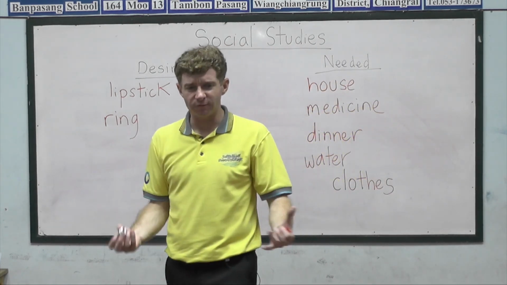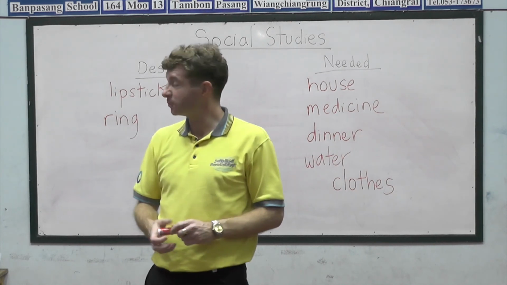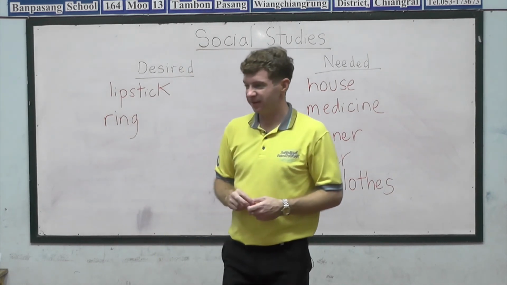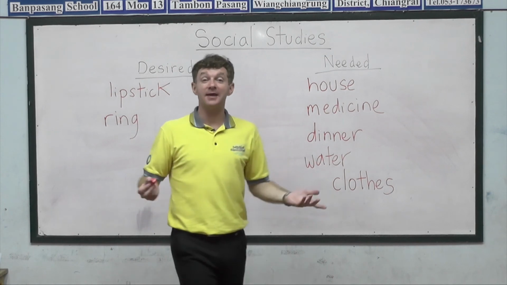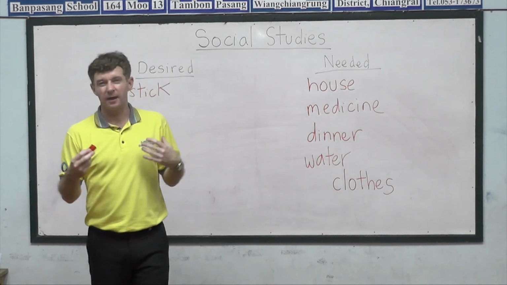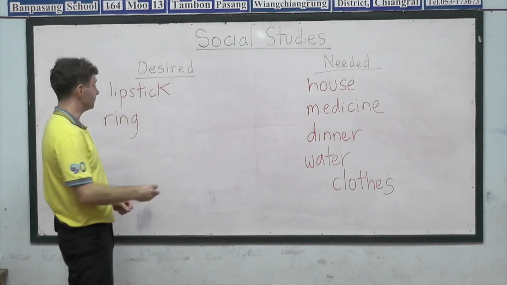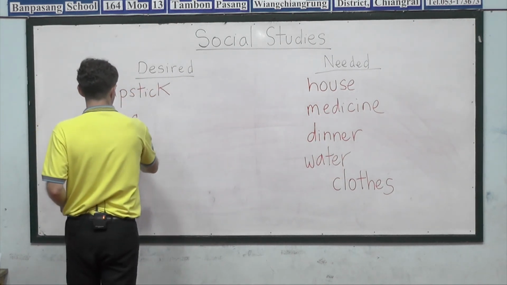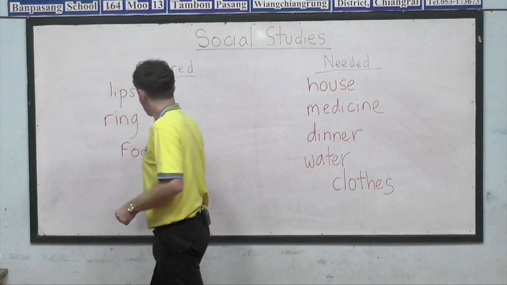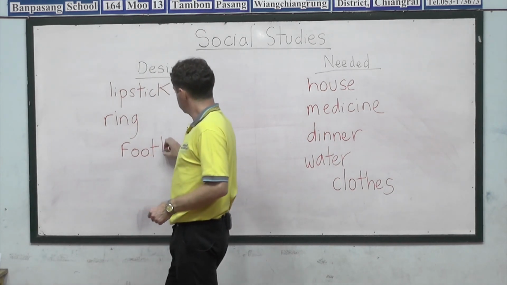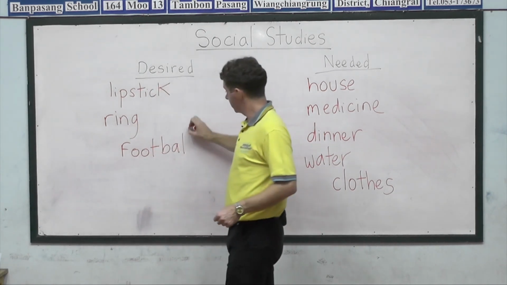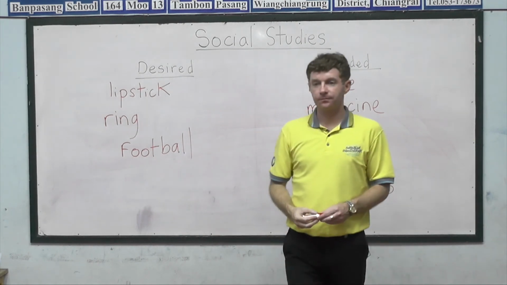Do we need football? Or is football desired? Desired. We like it. I like football. I don't need it. I can live without it. But I desire it. F-O-O-T. Excellent.